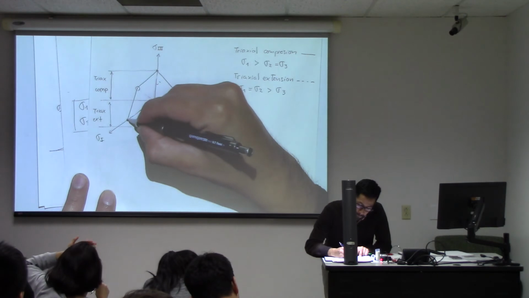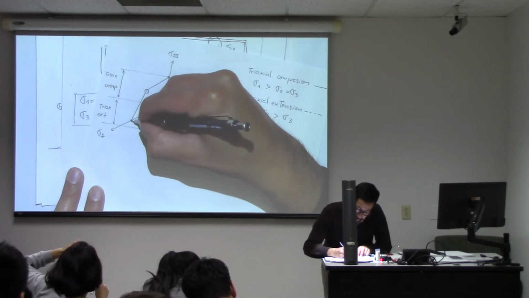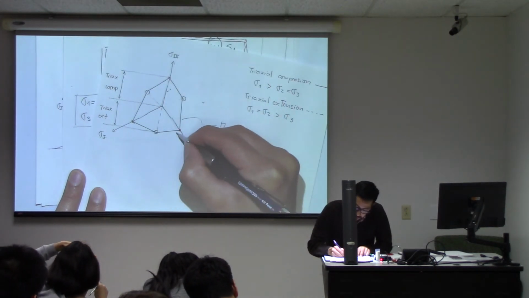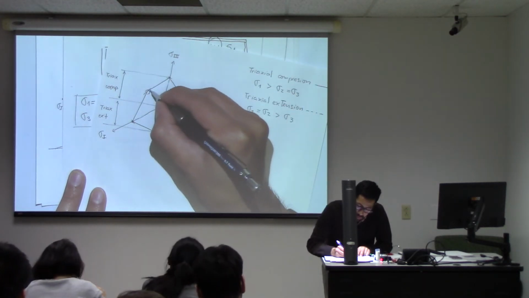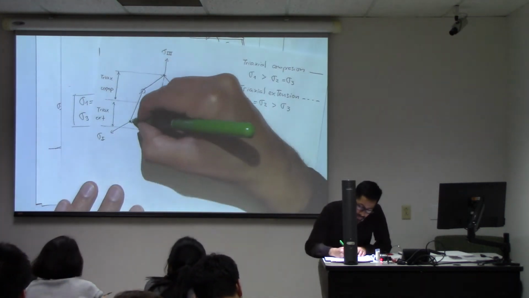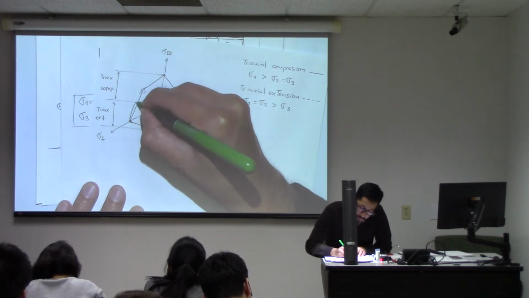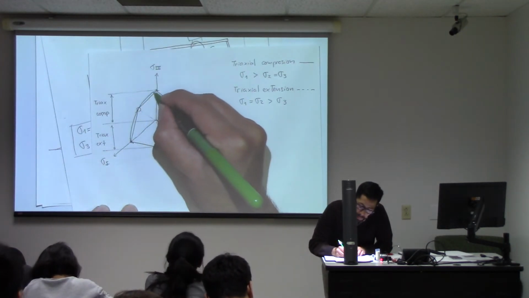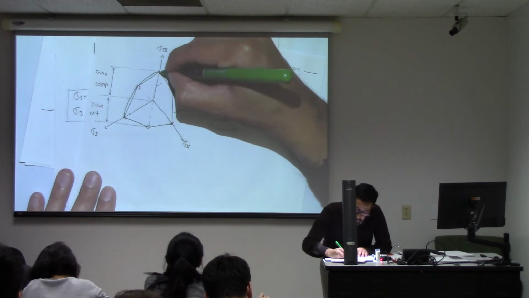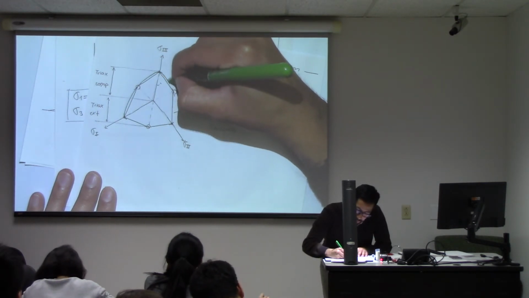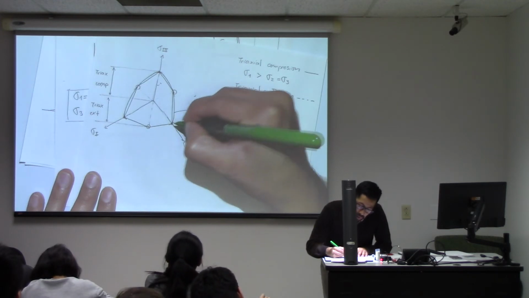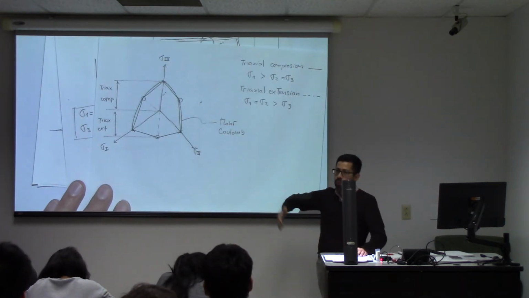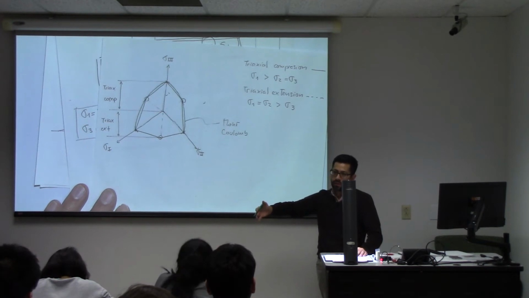So tangent to here, tangent to there, tangent to this point, tangent to this one and that one. And remember that I'm plotting just one section, one slice of the Mohr-Coulomb criterion.